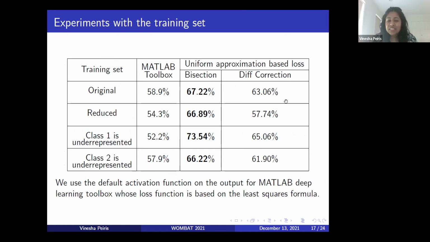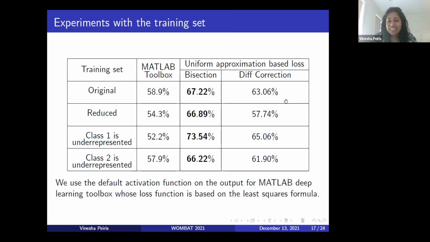Yes, even though the objective function is the same, they use different normalization conditions. That is why the difference happens, because the differential correction method forces all its parameters in the denominator to be within the interval -1 and +1. But for the bisection method, you simply fix just one parameter of the network so that your denominator won't be 0.